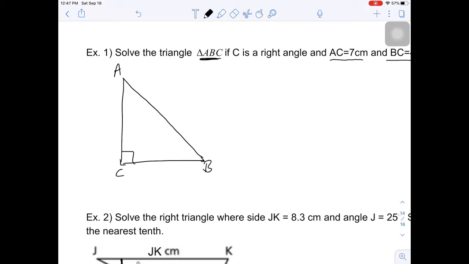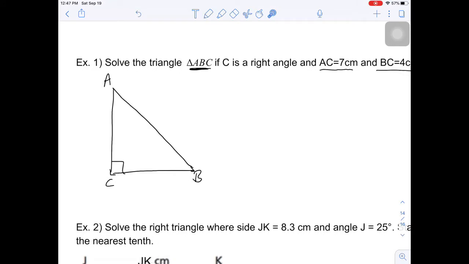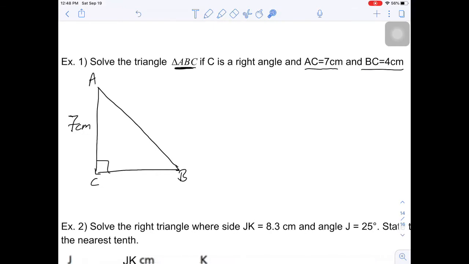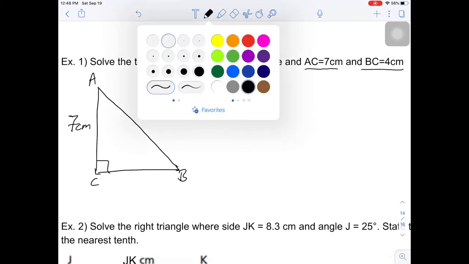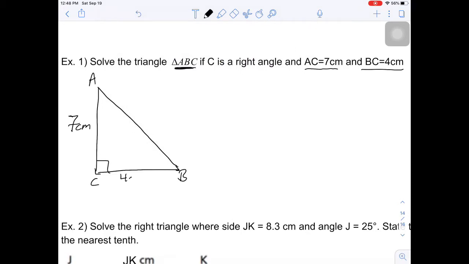It doesn't matter too much as long as we follow the rule that C is the right angle. Then we can apply these measurements. A to C is 7 centimeters, and B to C is 4 centimeters.